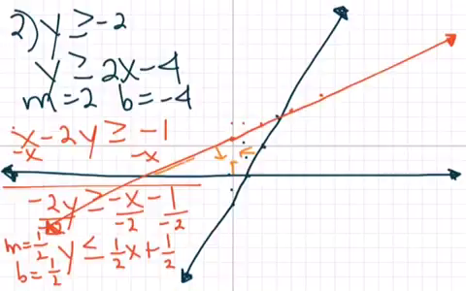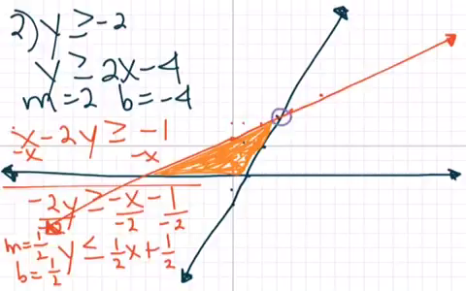So here is your triangle of overlap. If you use light colored matte pencils and then highlight, then the page doesn't get so busy for those of you that have a hard time seeing it. But remember, our answers are these vertices.